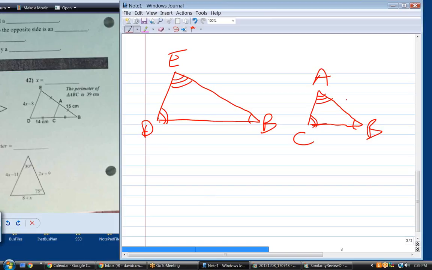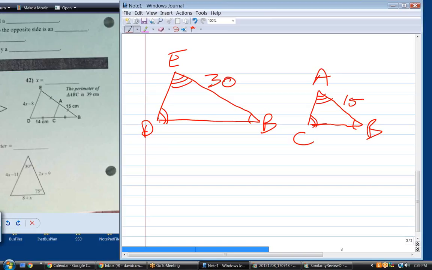Well, this side is 15. How long is EB? EB's 30. Now, is that enough to come up with a linear ratio or a similarity ratio, whatever you want to call it?